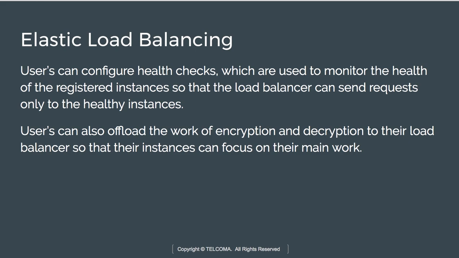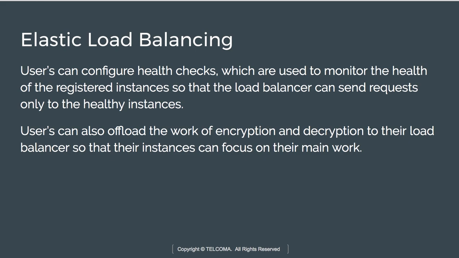We have several types of load balancers for handling different connections, including internet facing, internal facing, and load balancers that support encrypted connections. Suppose we have internet facing load balancers. These take requests from clients over the internet and distribute them over the EC2 instances.